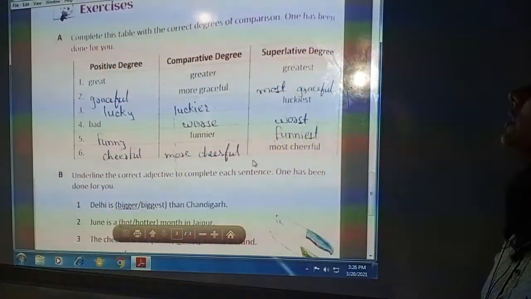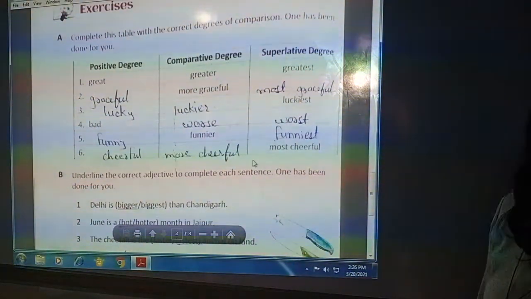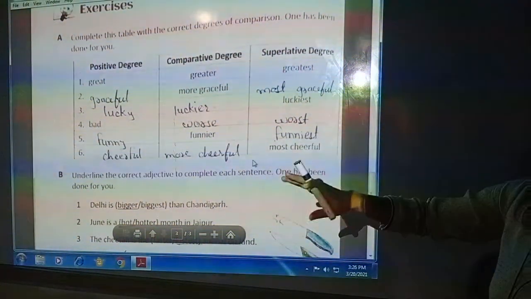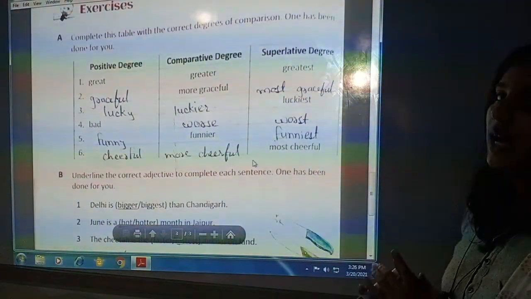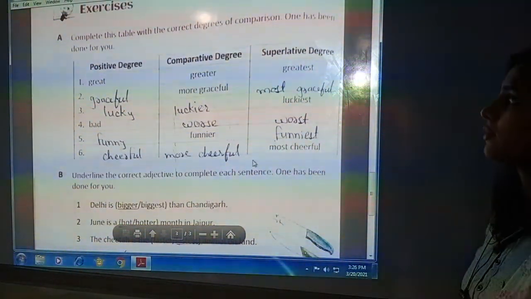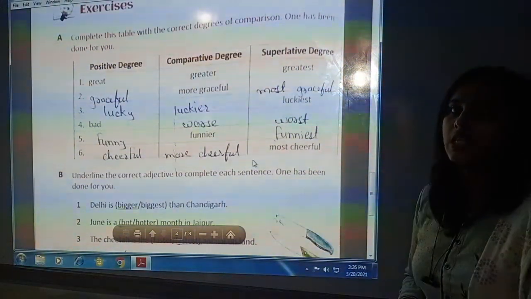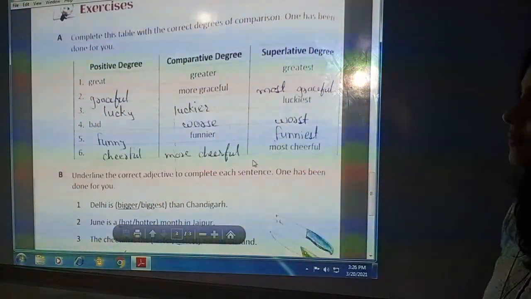Complete this table with the correct degrees of comparison. Here, the 3 columns are given: positive degree, comparative degree and superlative degree. In that you have to write the correct form of the adjective according to the degree.